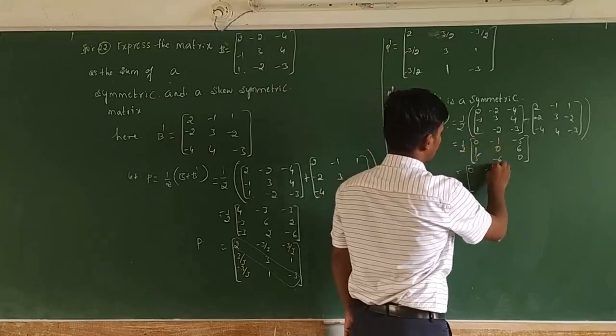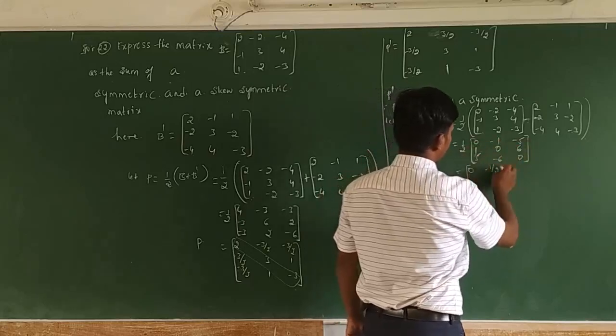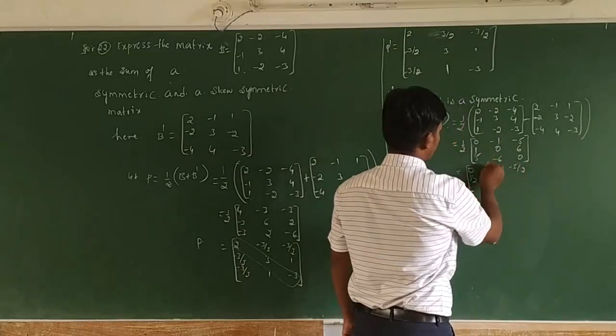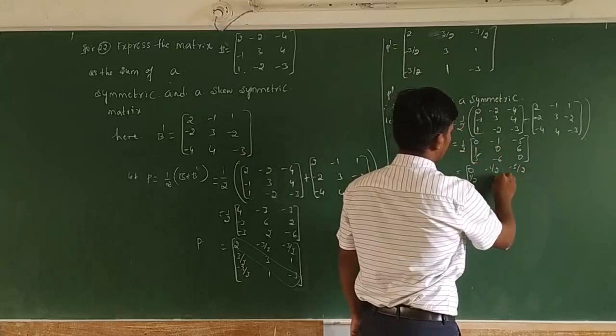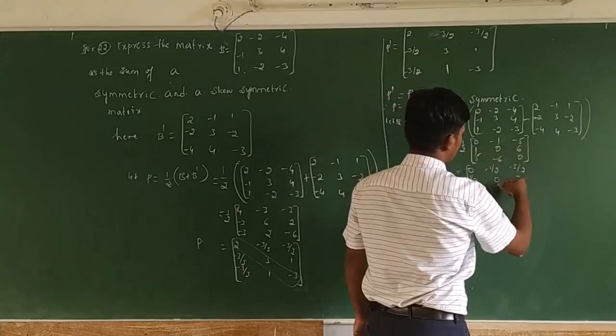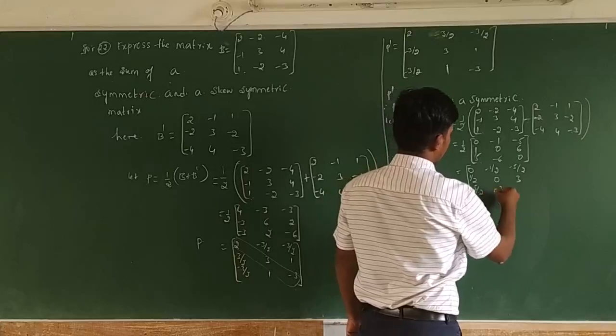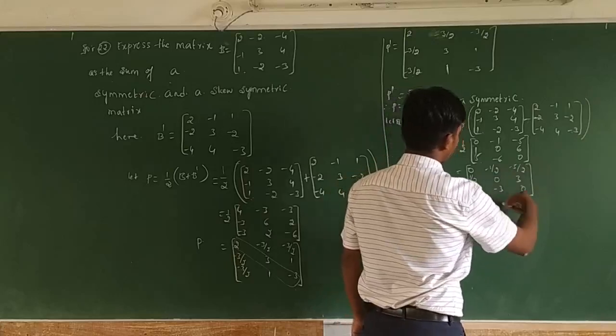0 by 2 is 0, -1 by 2, -5 by 2, 1 by 2, 0 by 2 is 0, 6 by 2 is 3, here 5 by 2, -3, here it is 0.